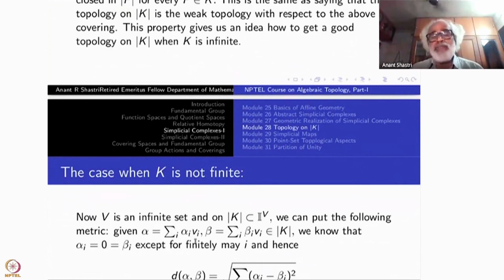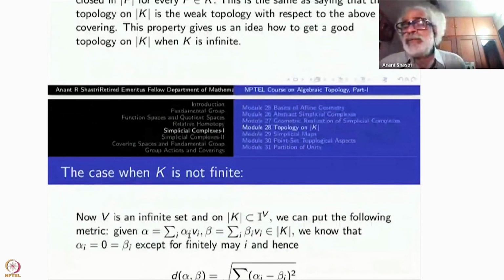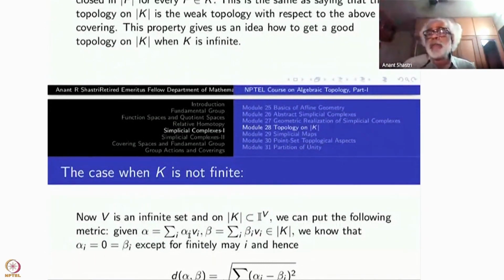Alpha will look like a finite sum of alpha_i times v_i, because alpha is not zero. This alpha_i is nothing but alpha of v_i; we have seen that it's the i-th coordinate function. That is not zero for only finitely many i. Similarly, beta is a finite combination like this.